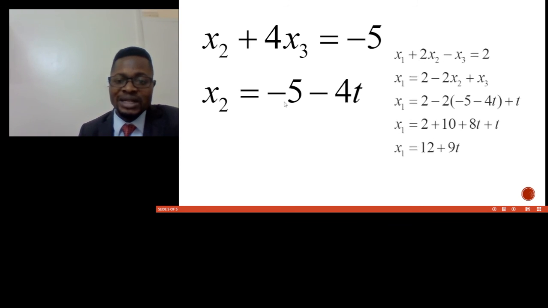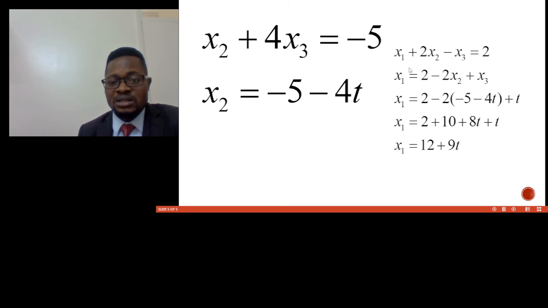So what will be our x1? We use the first row, which is x1 plus 2x2 minus x3 equal to 2. We make x1 the subject so that we have 2 minus 2x2 plus x3, because the sign changes when it crosses to the other side. And our x2 was negative 5 minus 4t.